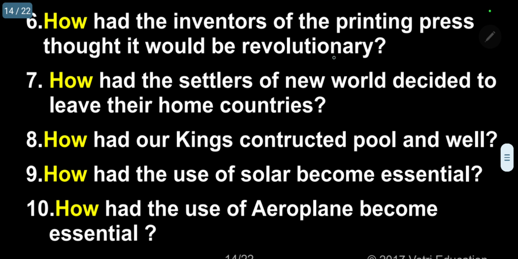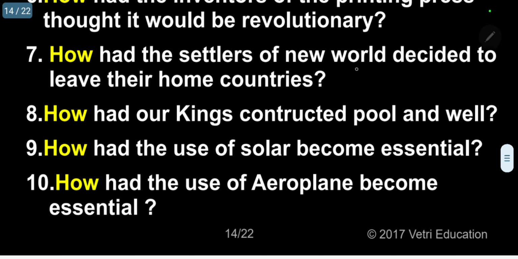Okay. Now, how had the settlers of the New World decided to leave their home countries? Decided is the main verb, had is the auxiliary. How had our king constructed pool and well?